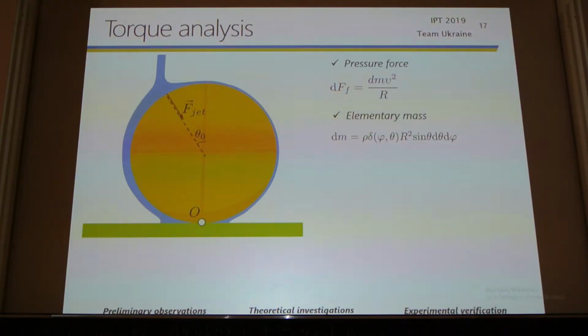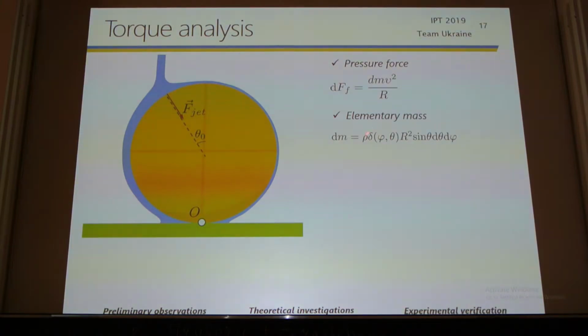As we know the distribution of mass rates, we can find the force acting on the ball. This force, as we mentioned, is due to the change of the direction of the momentum, and so it is opposite to the centrifugal force which acts on each part of the water. This change of pressure causes the motion of the ball.